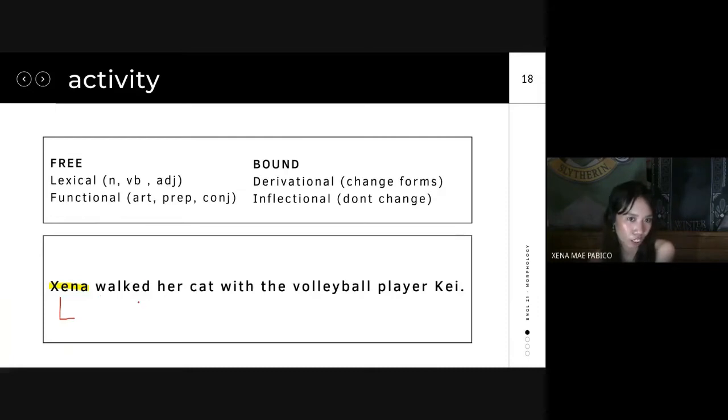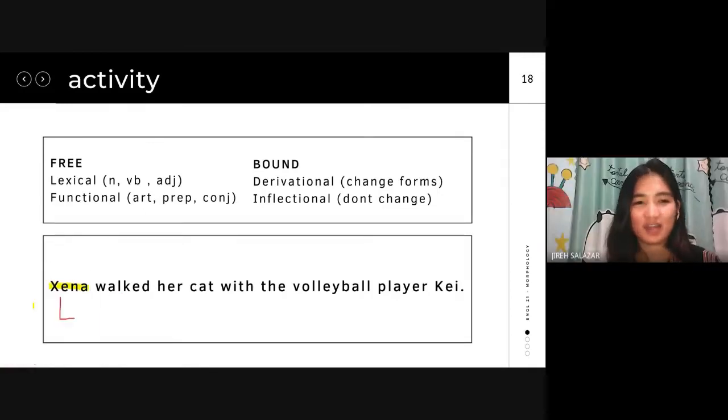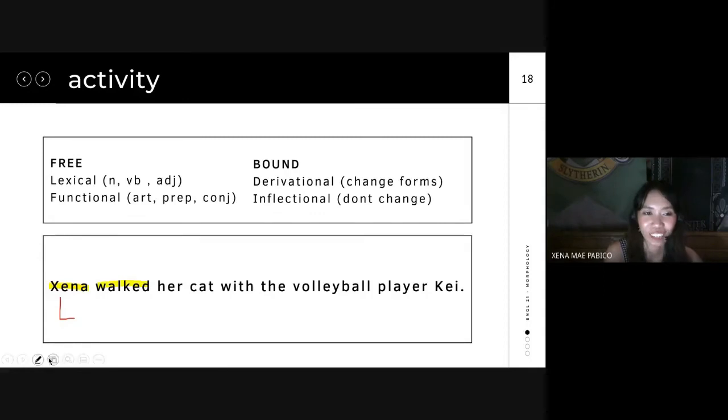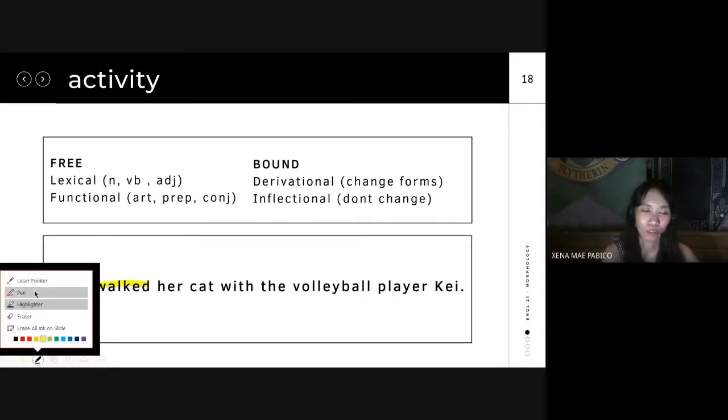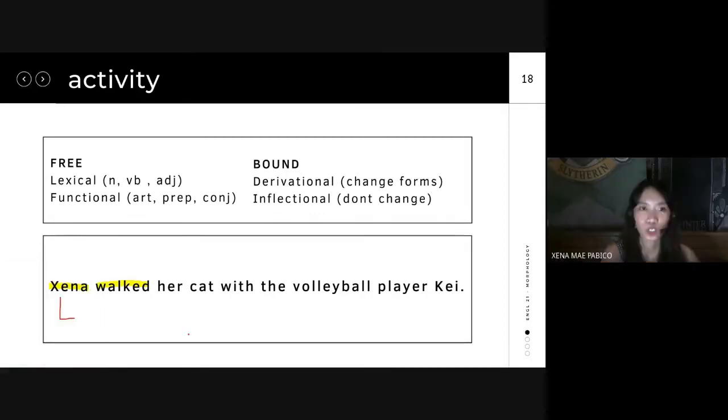Is it walk? Is it eating? Just guess. For the word walk. Two. Okay, what are those morphemes?